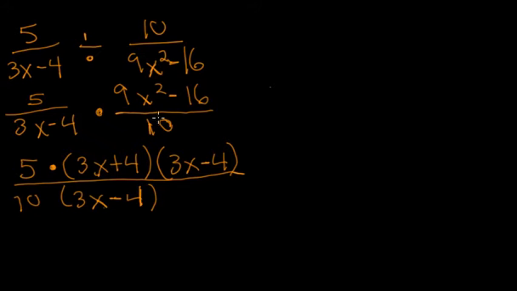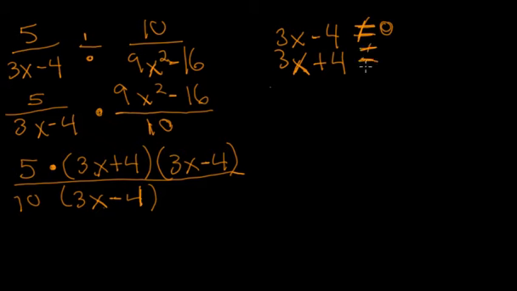Now, the things that made our restrictions were this, this, and this. Remember, the denominators are now our restrictions. So 3x minus 4 and 3x plus 4 both cannot equal 0. 3x minus 4 gets repeated twice in this.